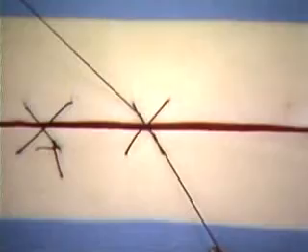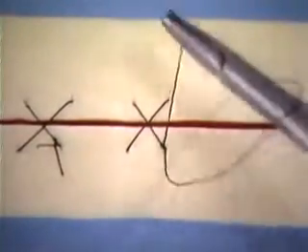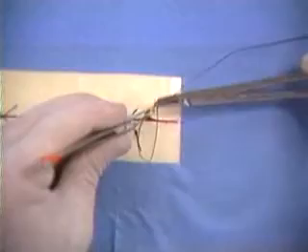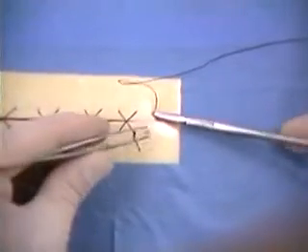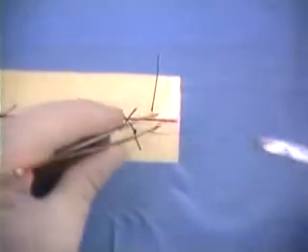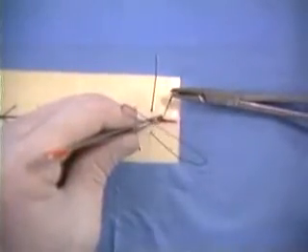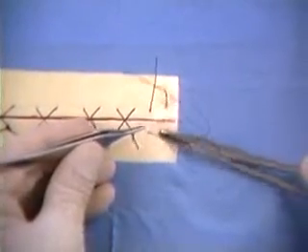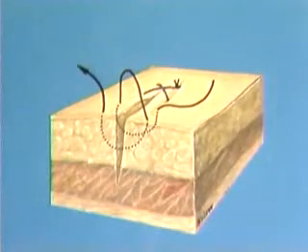The needle is then advanced approximately 5 to 7 millimeters and is passed across the incision line without entering the tissues. A second passage is made through the tissue parallel to the first passage. The suture origin on one side is tied to the contralateral end above the tissue surface. This illustration shows a completed interrupted cruciate suture.